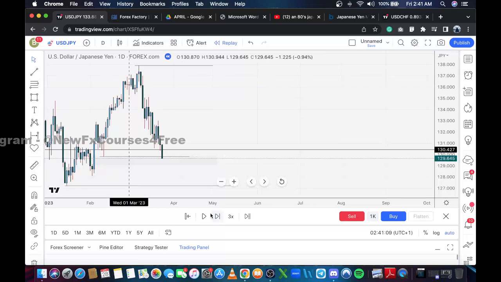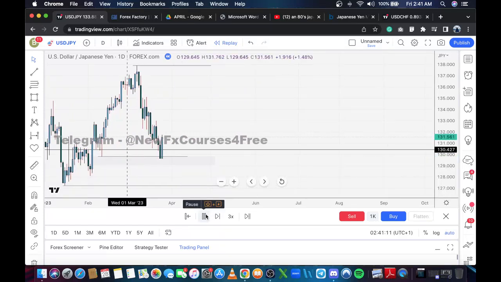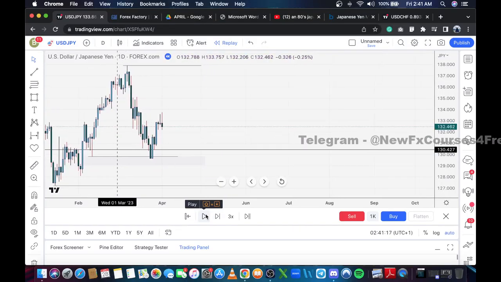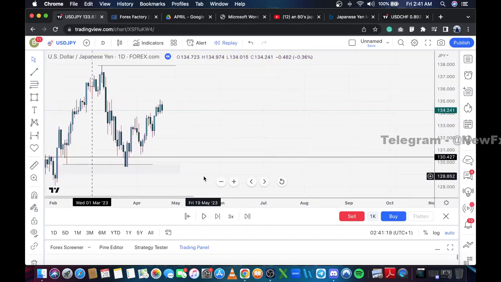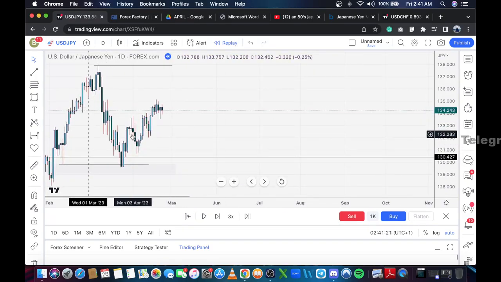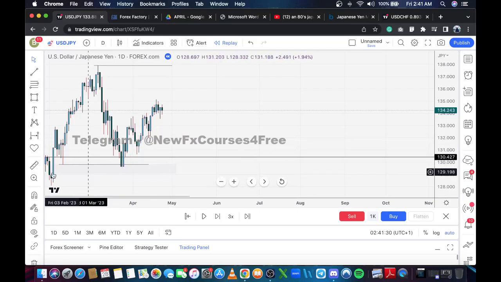And so what happens next? Price starts to run higher. Okay, now what we're looking for is this price respecting premium or respecting discount. It is respecting discount. It trades down to a bullish order block after running out sell side liquidity, and trades down to a BPR.